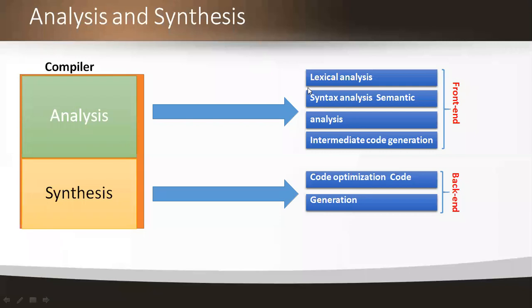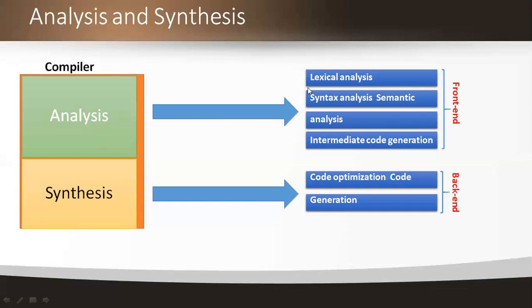Now this is the brief description of the two parts of compilers: analysis and synthesis. What task the analysis performs, what task the synthesis performs, and how each part is subdivided. Overall, we have 6 phases of the compilers, but in between we have the intermediate code generator.